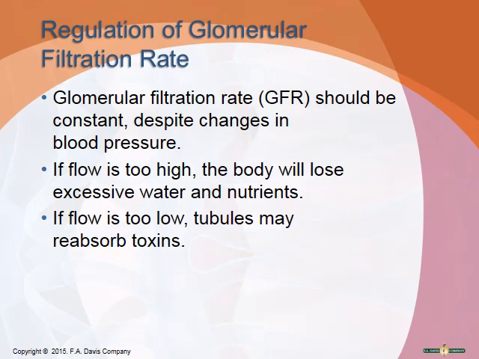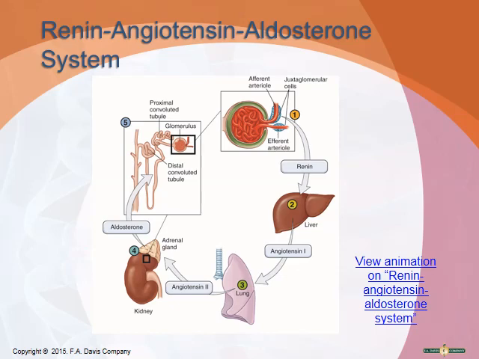So let's see how our body controls flow. One way is the renin-angiotensin-aldosterone system, or RAA. Sometimes you'll see RAAS. That's a key way of maintaining blood pressure and therefore maintaining a steady GFR.